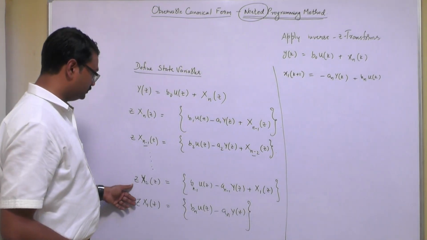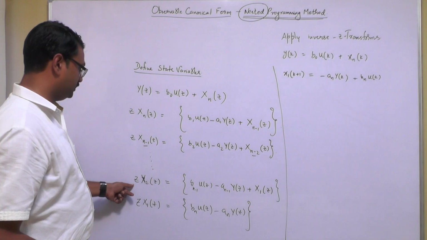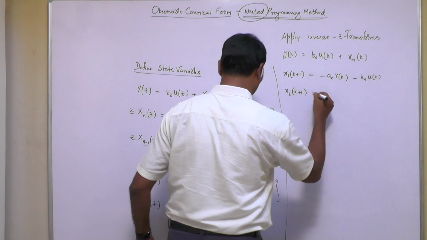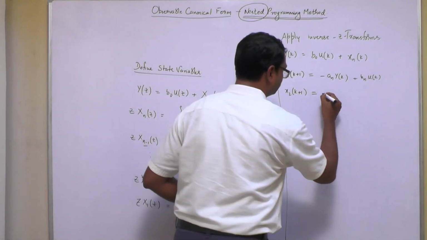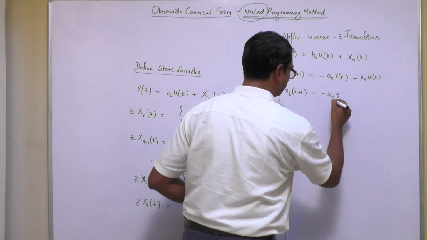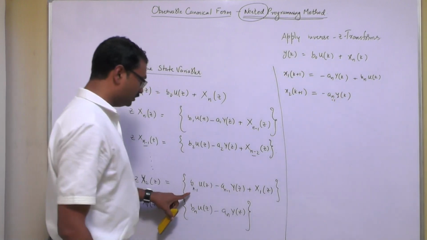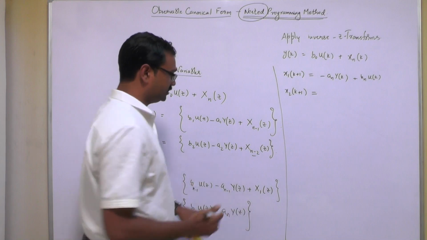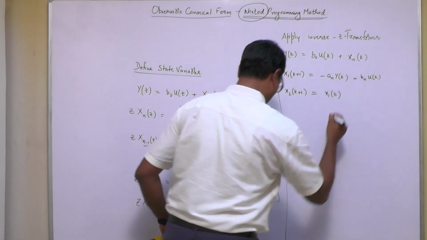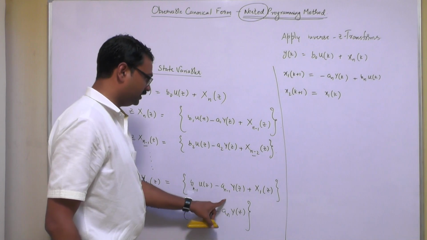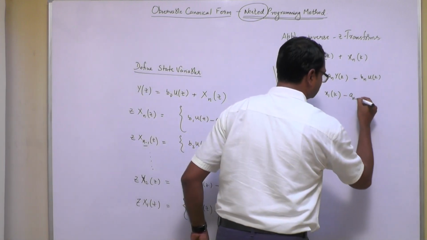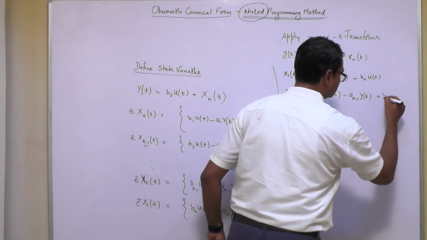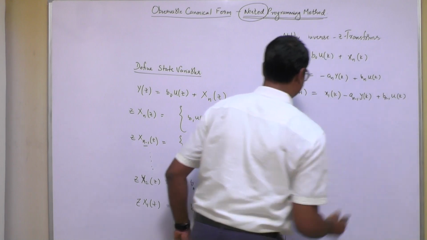And for z X2(z), x2(k+1) = x1(k) - an-1 y(k) + bn-1 u(k).